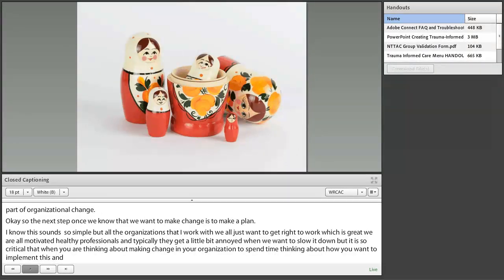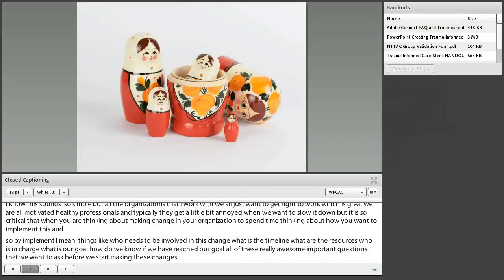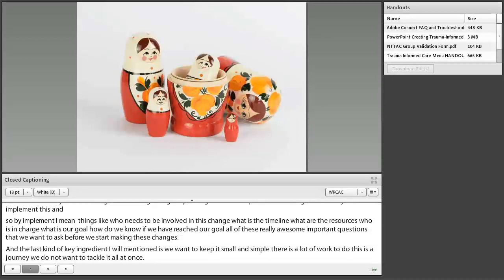And the last key ingredient I'll mention is that we want to keep it small and simple. There's a lot here. There's a lot of work to do. This is a journey. We don't want to tackle this all at once. I think the most success that I've seen is by just having a small, concrete, measurable goal that we work towards. So things like all supervisors in the organization will have the skills and the confidence to use reflective supervision to address secondary trauma.